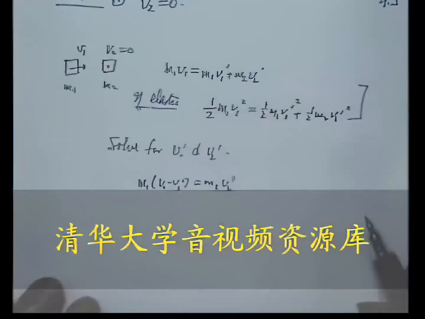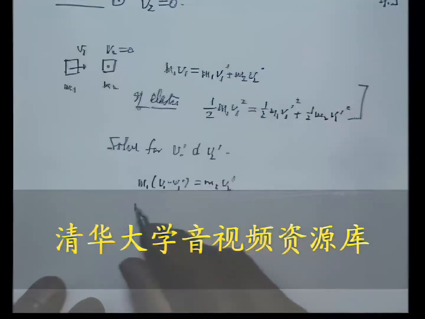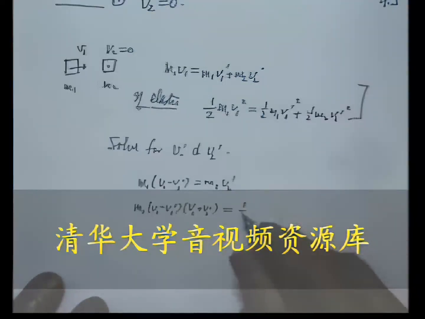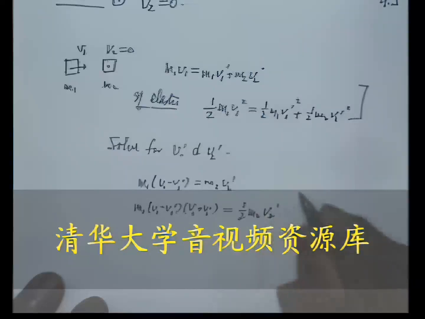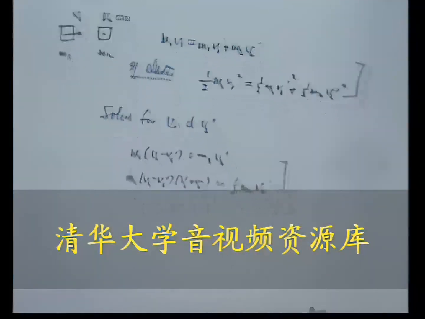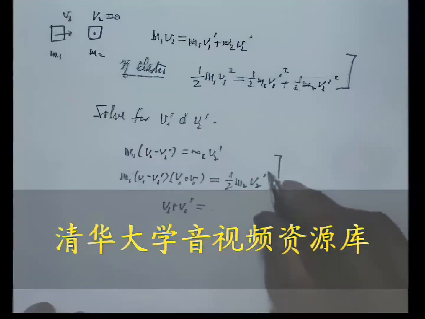I first move the momentum equation into this form, and I move this part over, and I get M1 times (V1 minus V1 prime) times (V1 plus V1 prime) is equal to 1/2 M2 V2 prime squared. I merely rewrote these two equations, but now this is very convenient because I can divide the two. If I divide the two, I get V1 plus V1 prime is equal to V2 prime.